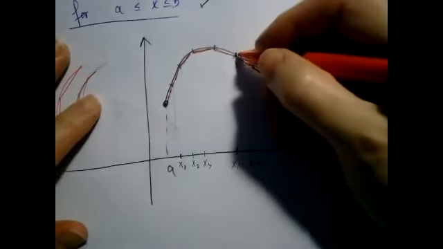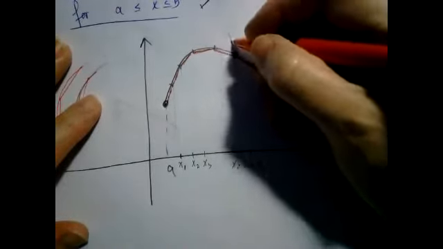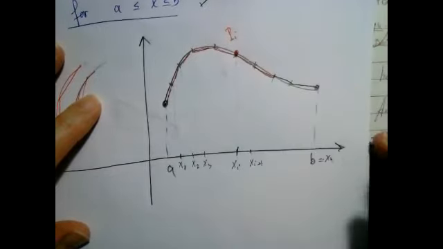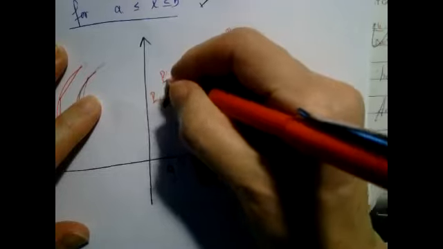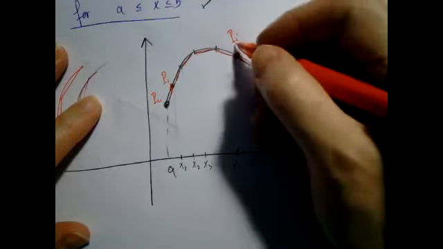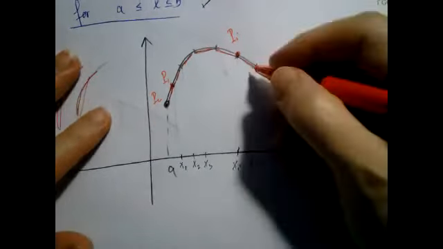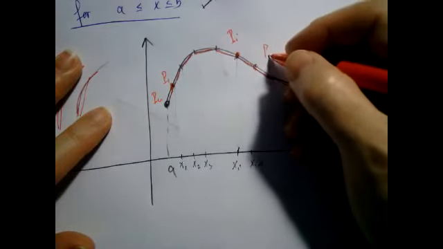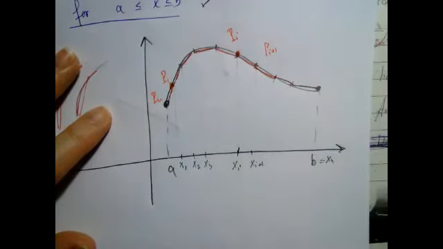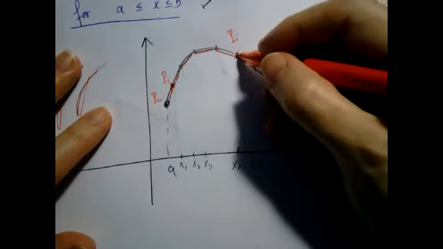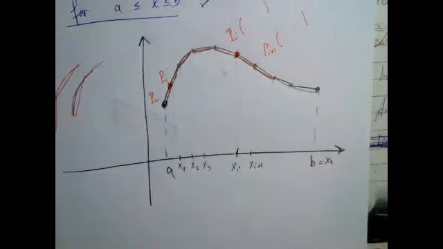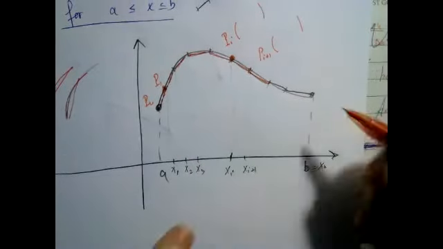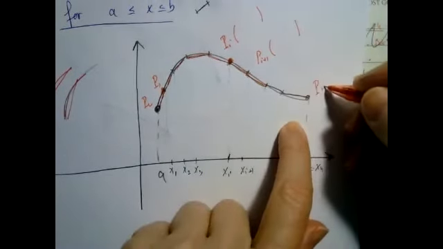So every point here, I'm going to take this point and call it Pi, for example. I'm going to call this P0, this P1, and this my typical line, Pi, and this is Pi plus 1. Now, what are the coordinates of the point Pi? And what are the coordinates of the point Pi plus 1? And this we're going to call this point Pn.